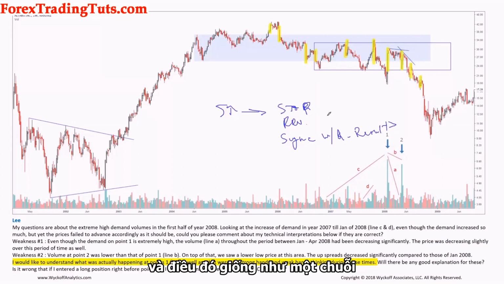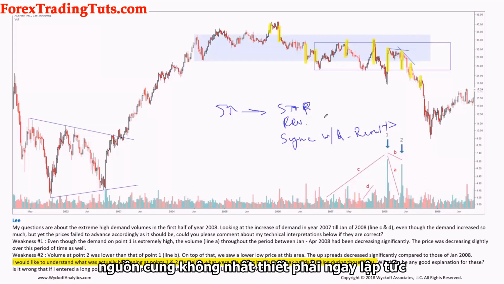And that's kind of like a sequence of how supply is going to come in. Supply is not necessarily right away going to reverse the whole bias.